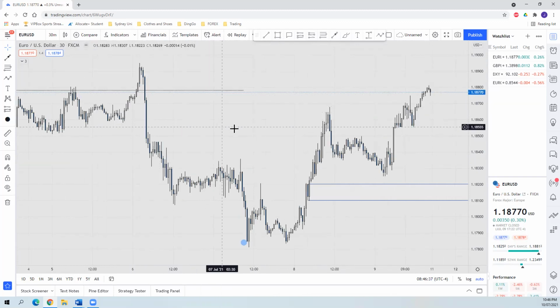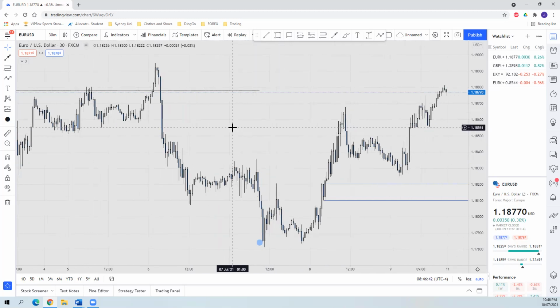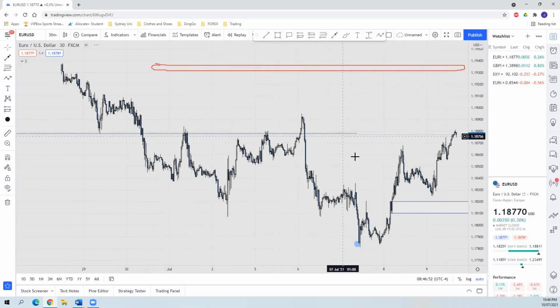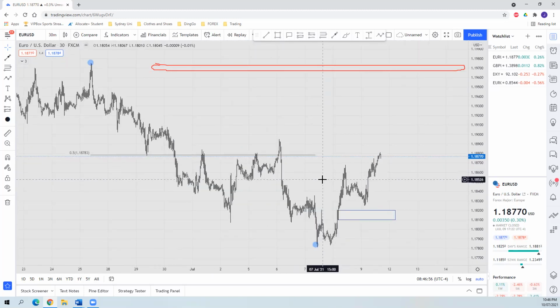Because what did it do? I told you this has no inducement yet, right? This has no inducement yet. And if you zoom out a little bit, now this was what price was doing. I'll show you. Price was coming back down like this. Let's take it from here.